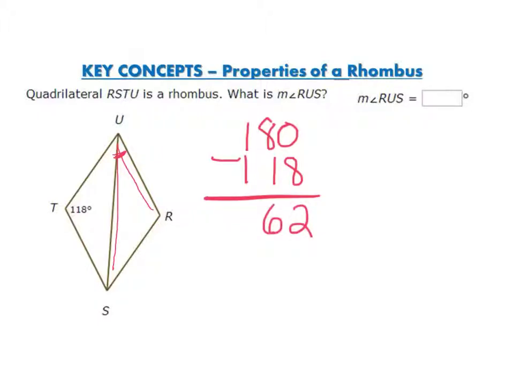Now, these two angles are congruent. So I have two of them. I know that because each one of those sides, in fact all four sides, are congruent. So I'm going to divide this in half, or divide it by 2. That gives me 31. So the measurement of RUS is 31 degrees.